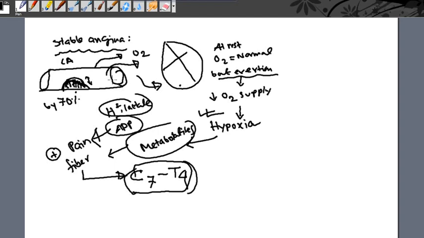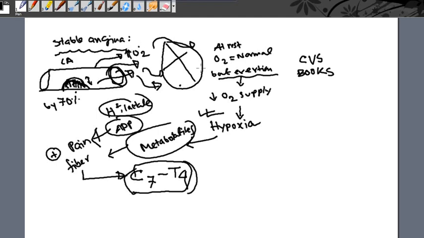Because stable angina is a condition where the oxygen supply to the heart is maximum. Oxygen supply cannot be increased further, and it is beyond my discussion why oxygen supply is maximum in stable angina. If you want to understand, you can study specific cardiovascular books of medicine to understand why oxygen supply is maximum in stable angina and cannot be further increased.